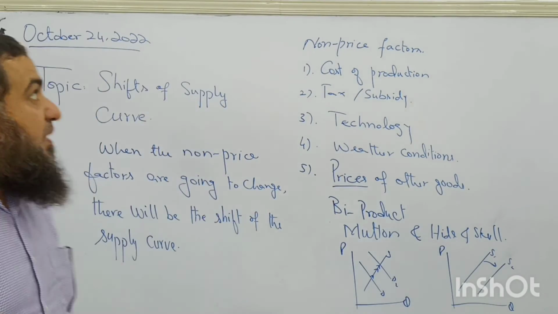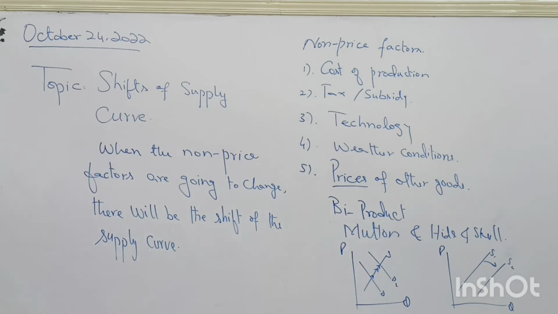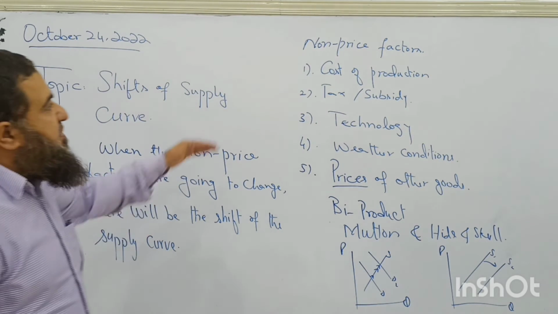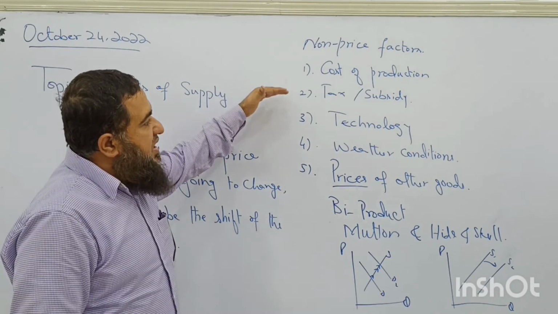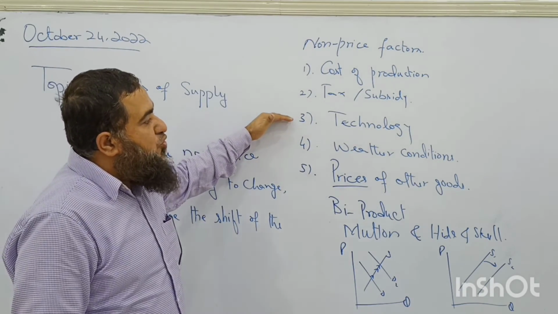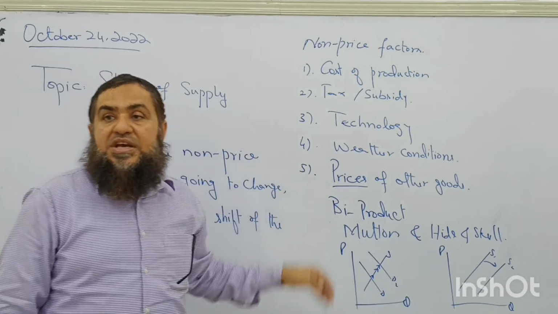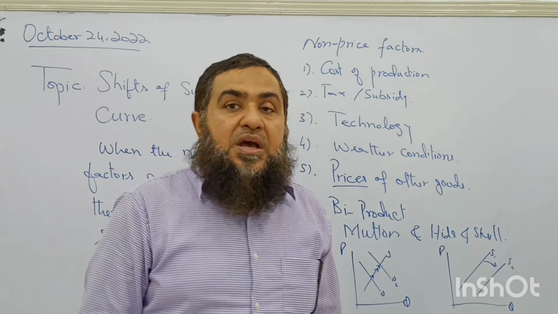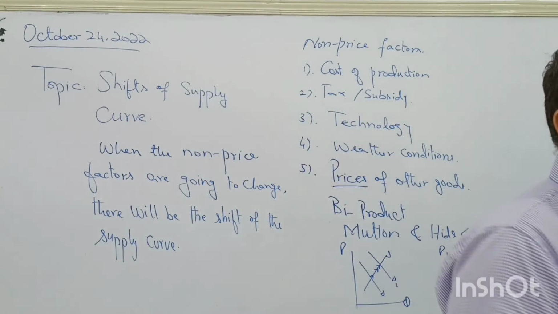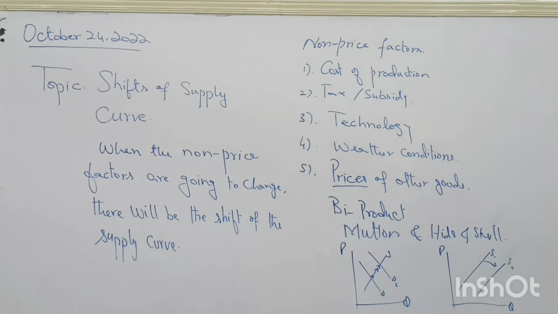Clear? So this is about how the supply curve shifts either rightward or leftward due to many factors. When cost of production changes, there is change in tax and subsidy, there is improvement in technology, weather conditions have changed, prices of other goods have changed, and I have explained that when more firms are entering into the market, again market supply will increase, or the rival firms have increased their prices so the other firms will increase their supply, or the goods are byproducts of each other.